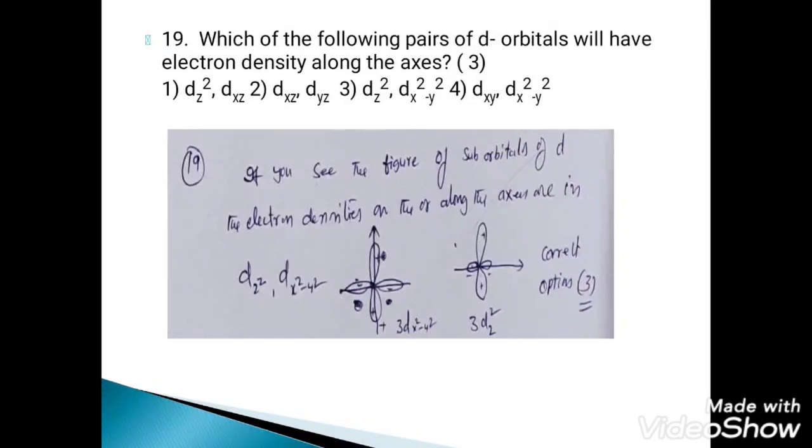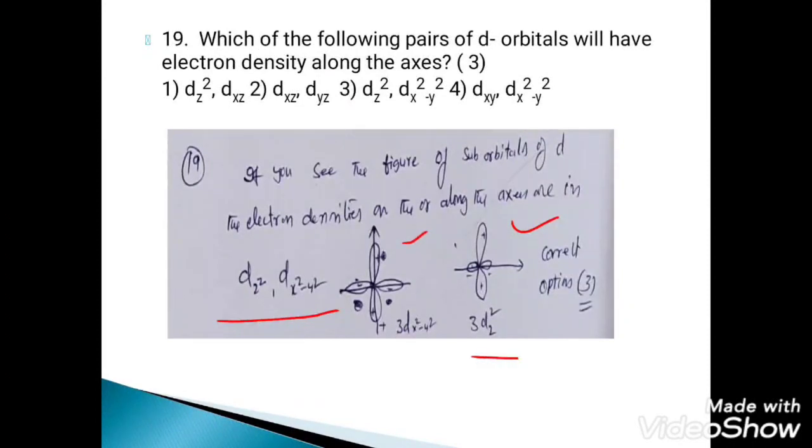If you know this orbital structure and figures, we can easily say which orbital has electron density along the axis. It is 3d z square.